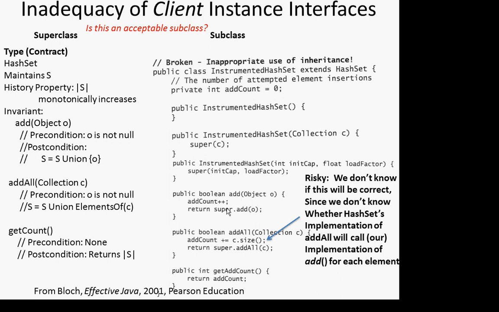It ends up no longer calling our add on IHS. So earlier it was calling our add, and now it is no longer calling our add. And so we have to override add all to get it to maintain this extra information on that count. Does that make sense to people?